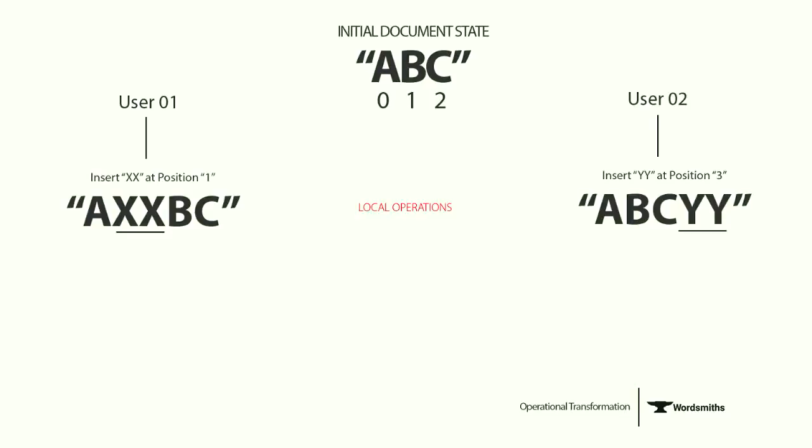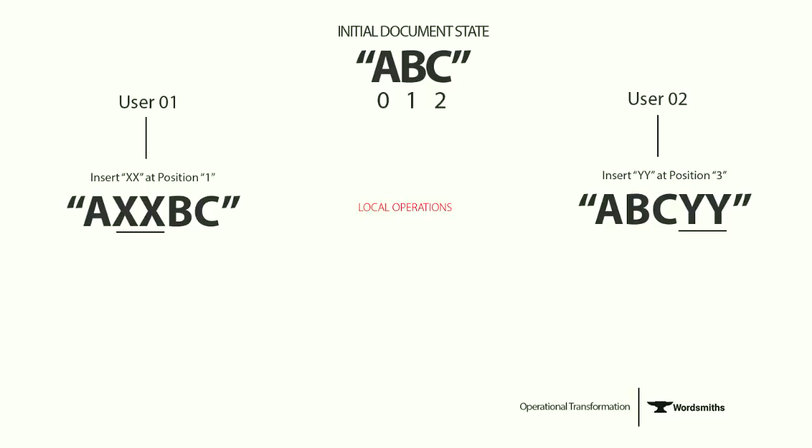Imagine a state in which 2 documents are at a state of ABC, with ABC at positions 0, 1, and 2 of the document respectively. Imagine the 2 users try to insert characters on the document. User 1 tries to insert the characters XX at position 1, and user 2 tries to insert the characters YY at position 3.